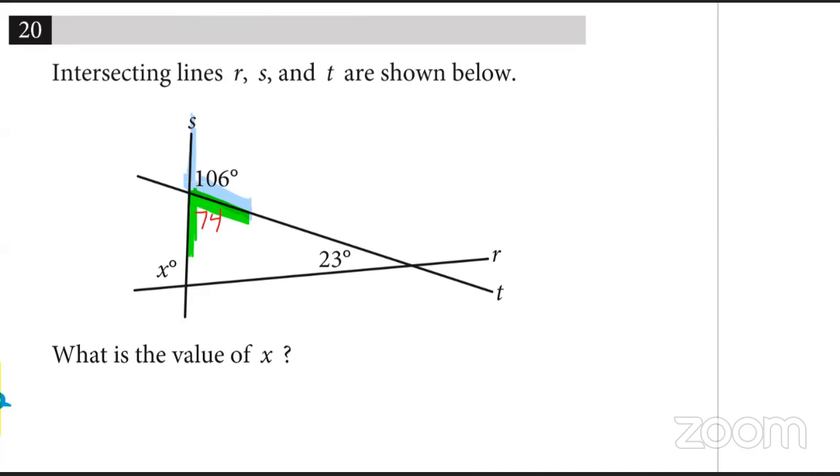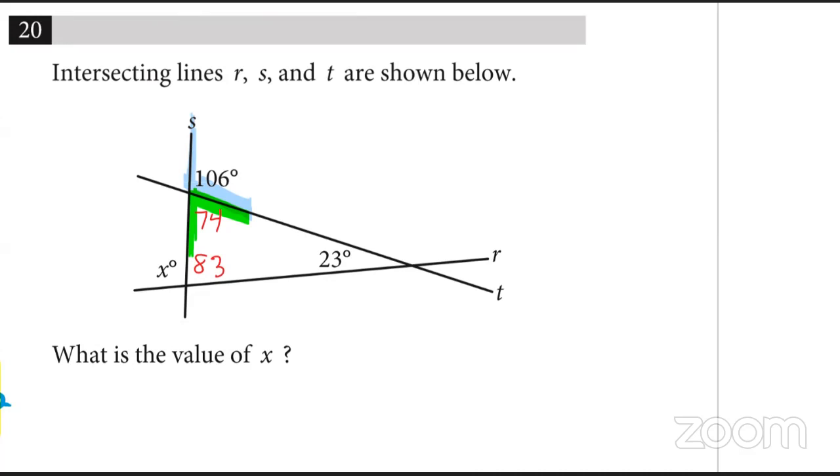Now we have the idea that the three angles of a triangle also add up to 180. So 74 and 23 is 97, and we need 83 more to get it to equal 180. 74 plus 23 plus 83 equals 180.